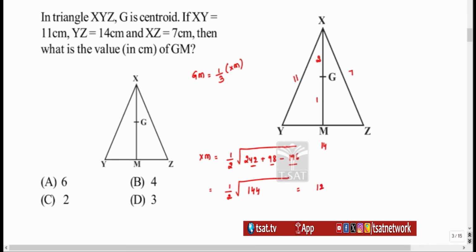So root 144 is 12, 12 by 2 is equal to 6. Median is 6. You are dividing 6 in the ratio 2:1. Therefore, GM is equal to 1/3 of 6, which is 2.